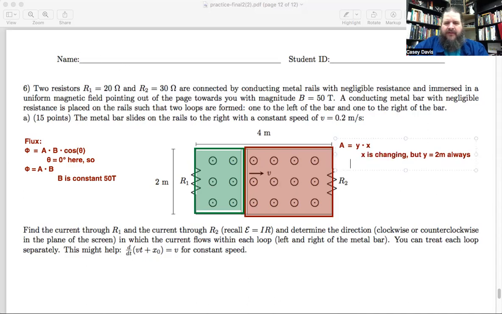So if we take the derivative here, y is constant, so it can be pulled out of the derivative. We just get y times dx dt. But what do you call dx dt? What's the derivative of position or distance? I'm not sure about the calculus side, sorry.